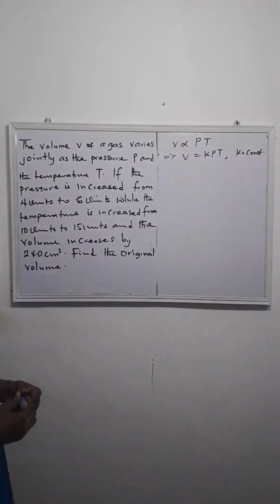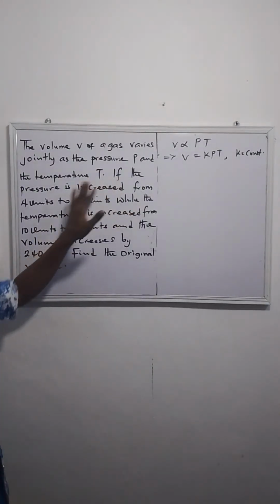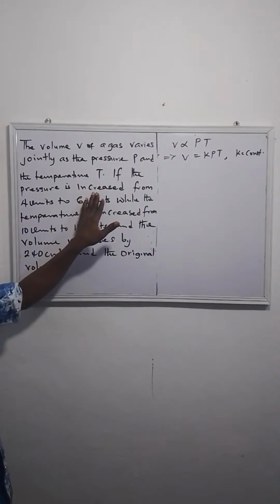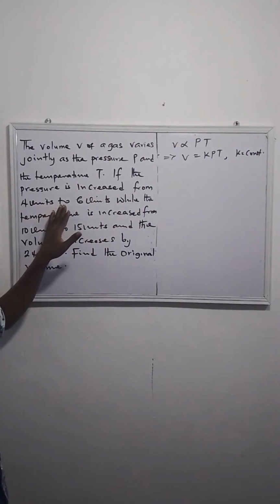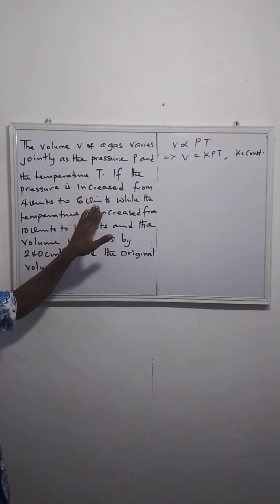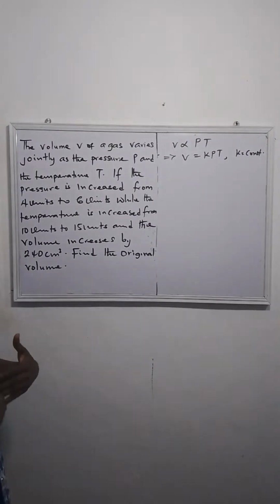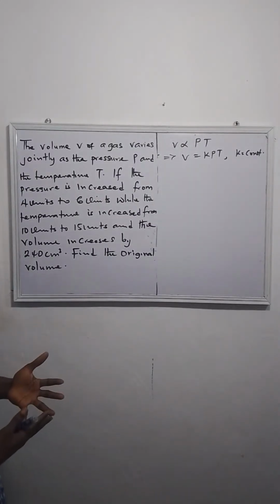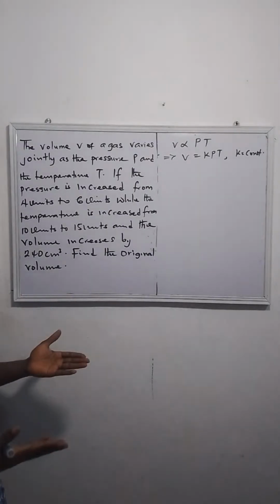All right, so now look at what we have here. If the pressure is increased from 4 units to 6 units, that means we have an initial or original pressure, and we now have a final pressure.